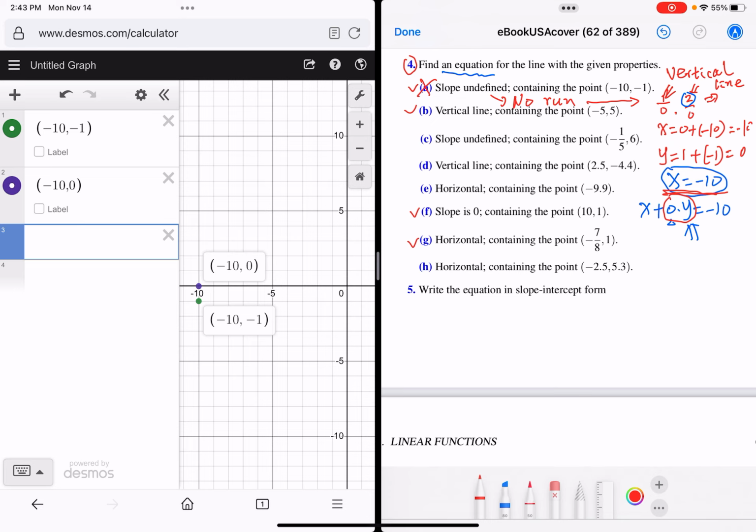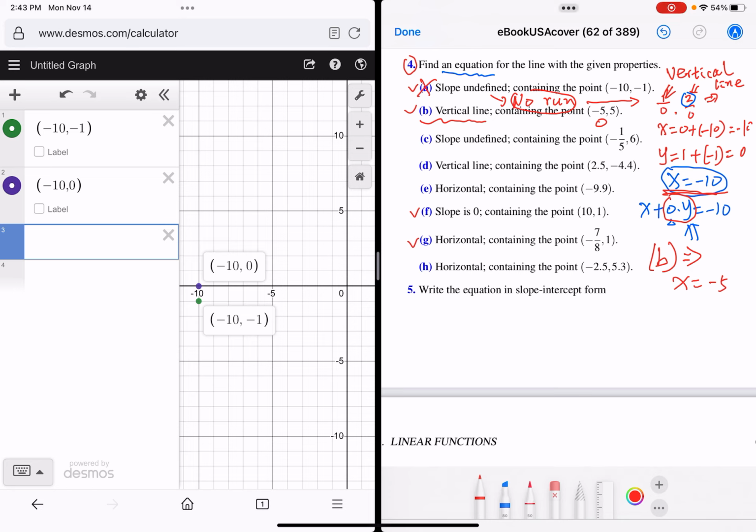How about B? Vertical line again, no run. Similarly, if there is no run, x is a constant. So for B, in this case, you will have x equals -5.